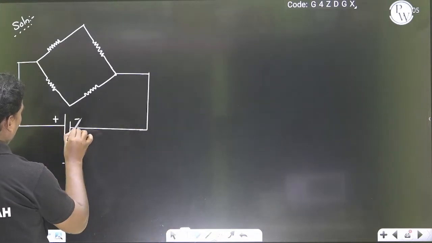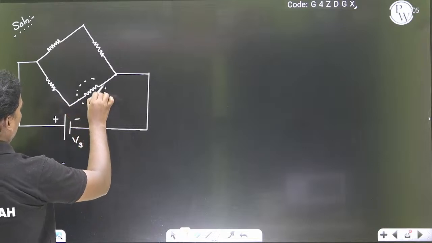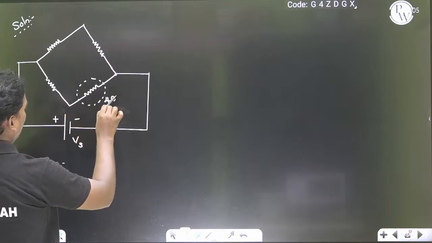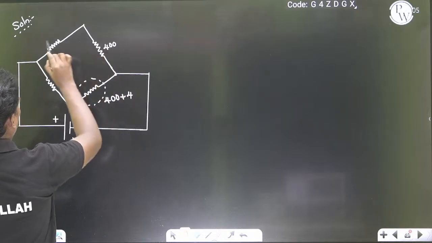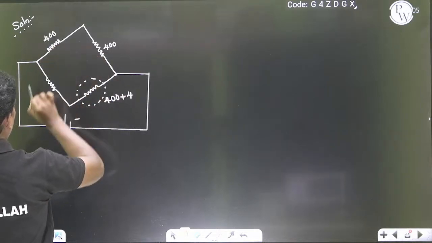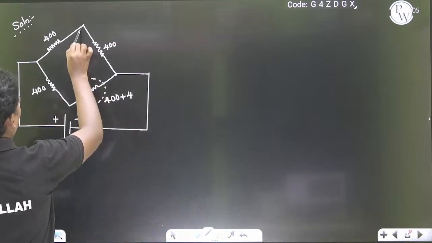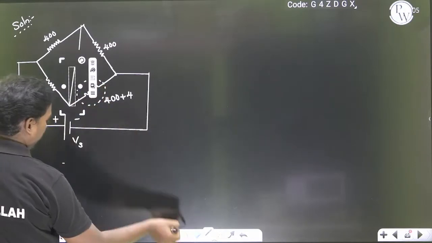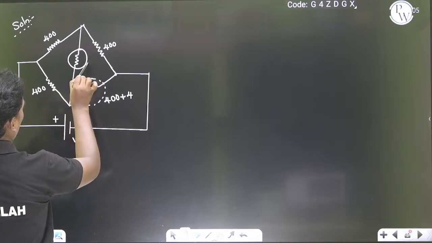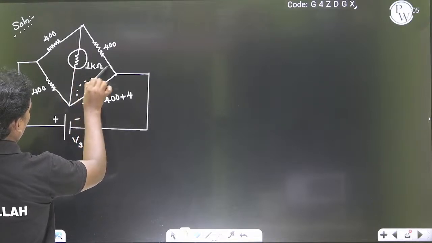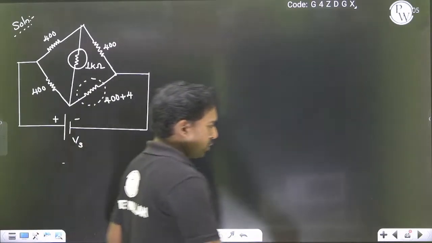The supply, yes. So this is 400 plus 4 ohms, 400 ohms, is 400 ohms. Here comes the meter. The meter resistance is 1 kilo ohm. So now the question here is, first of all, what we have to find?